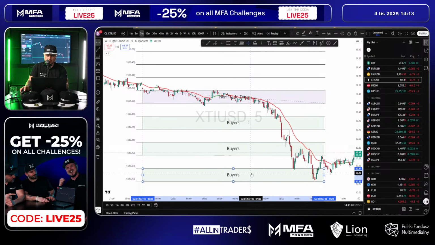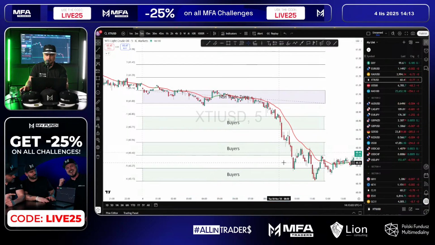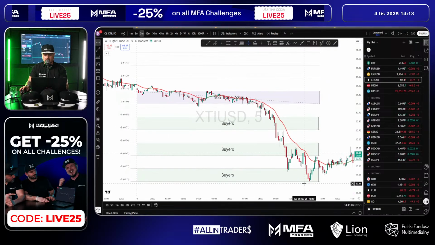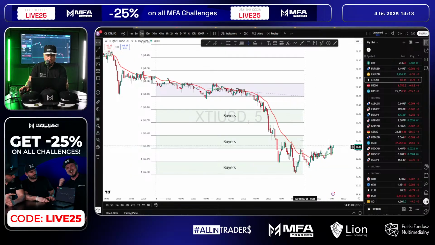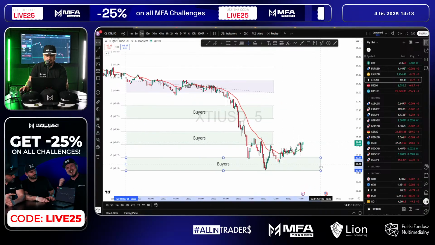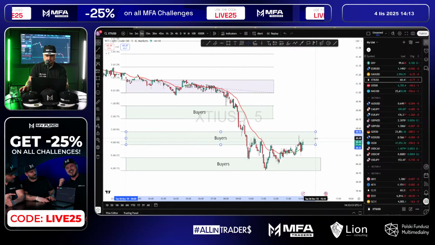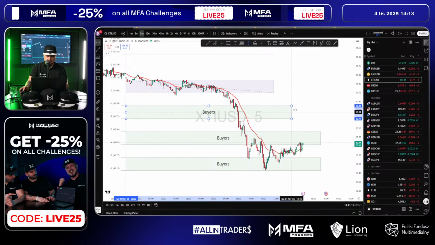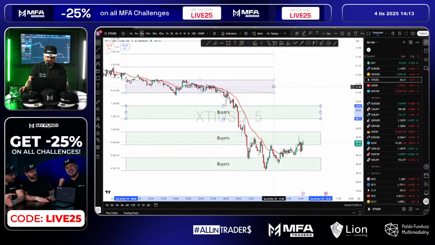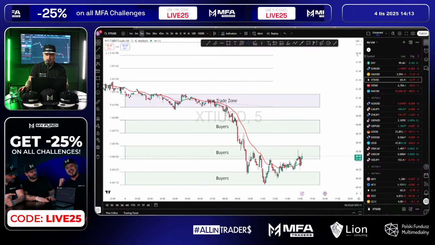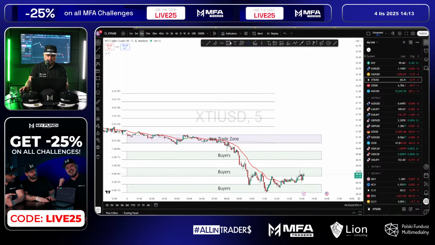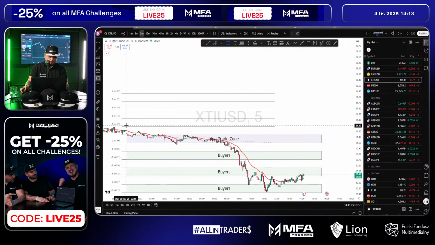After this expansion, I'm not looking for the price to come back into the range. So this is the last expansion I'm looking at. Okay. We can also do the other side because maybe we're going to be able to use it later on.